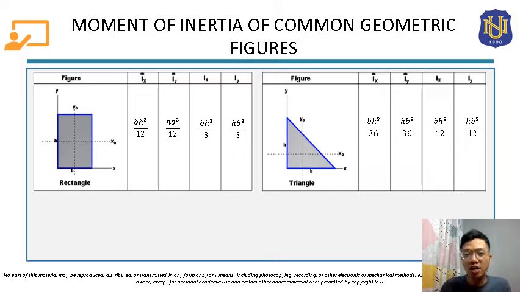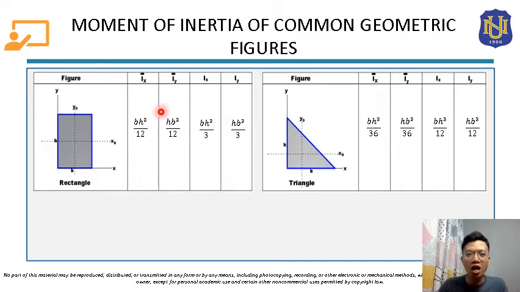You can write the x-centroidal moment of inertia either as Ix bar or I sub x sub O, they are just the same. Also for Iy bar, you can also write it as I sub y sub O. So these are the x and y centroidal moments of inertia.